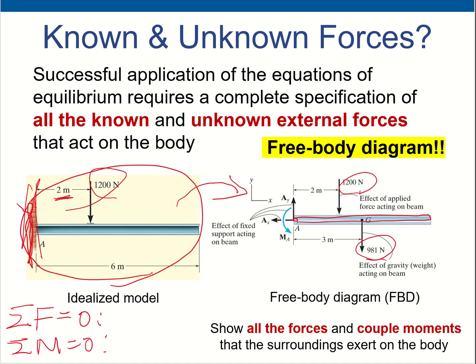Here we have the known forces, and this one is an unknown force, the weight of the beam. The beam has a weight which acts on the center of gravity of the beam, and the location of the center of gravity should be at 3 meters, because this beam has uniform density, so the center of gravity should be in the center.